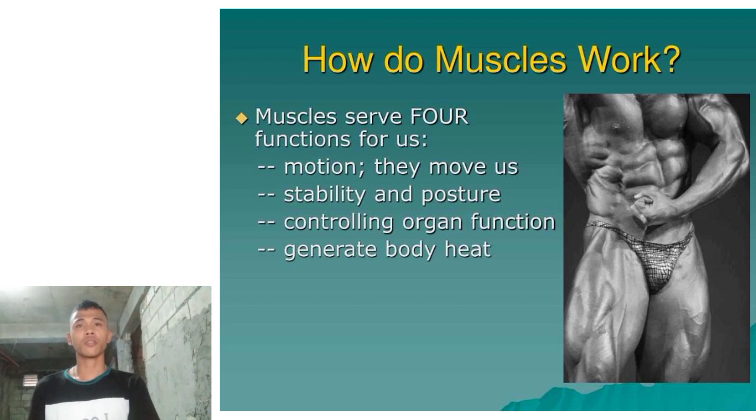How do muscles work? The movements your muscles make are coordinated and controlled by the brain and nervous system. The involuntary muscles are controlled by structures deep within the brain and the upper part of the spinal cord, called the brainstem.